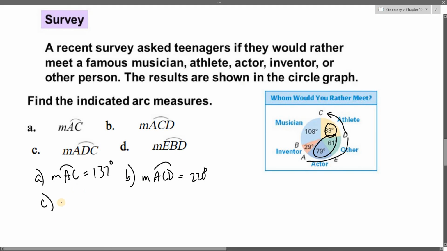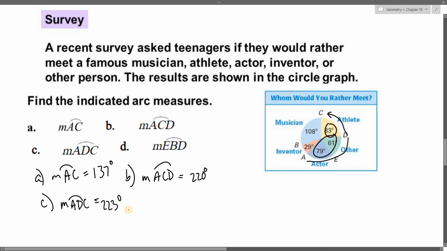And so we've got the measure of arc ADC is equal to those three numbers, 79 plus 61 plus 83. And so we've got 223.